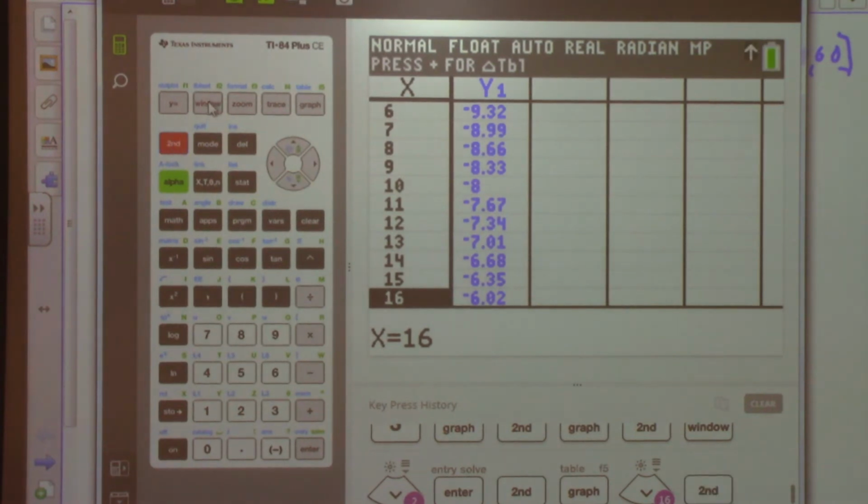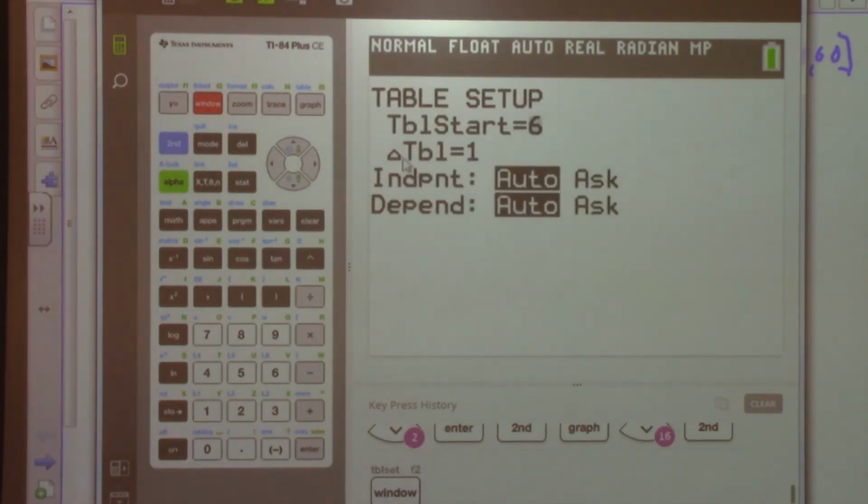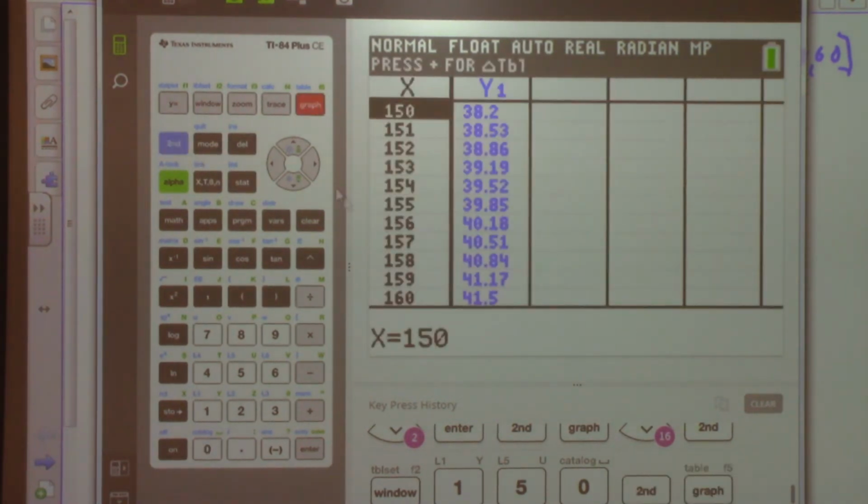And so you could go down to 150, but what would be an easier way to get there? If we go to second window, you can go ahead and just type in 150 here, right? So that's one way to do it. And so right here we have an answer, don't we? Let me show you another thing you can do.